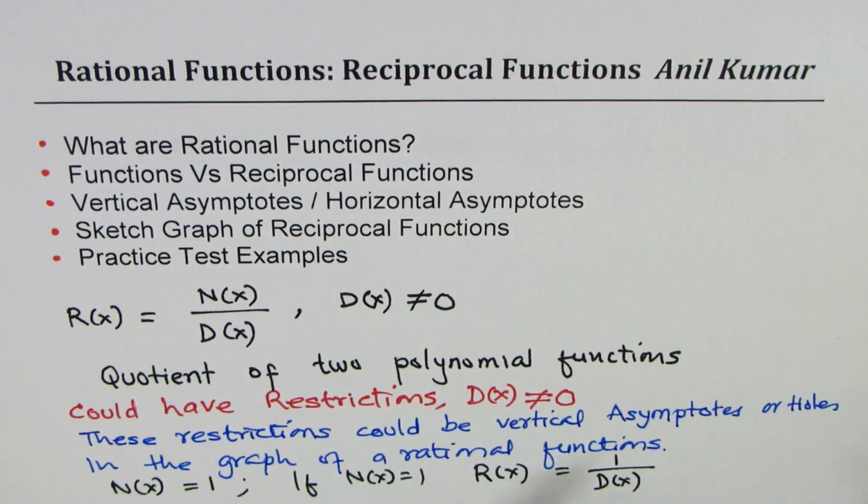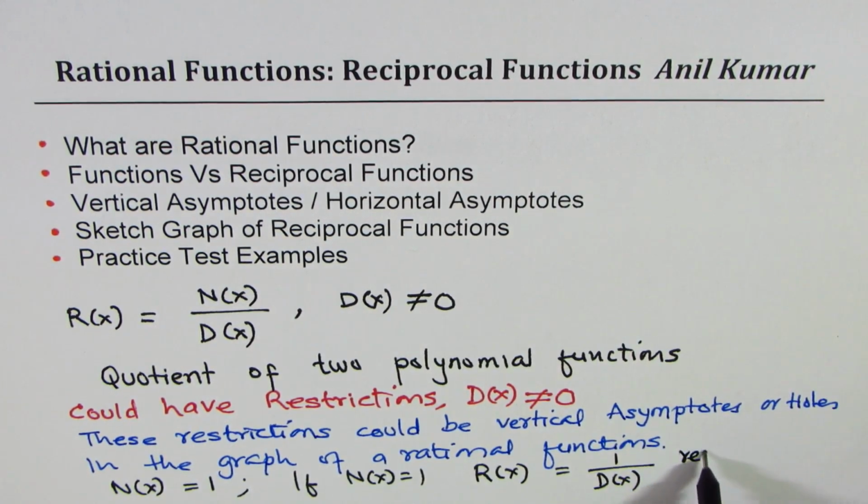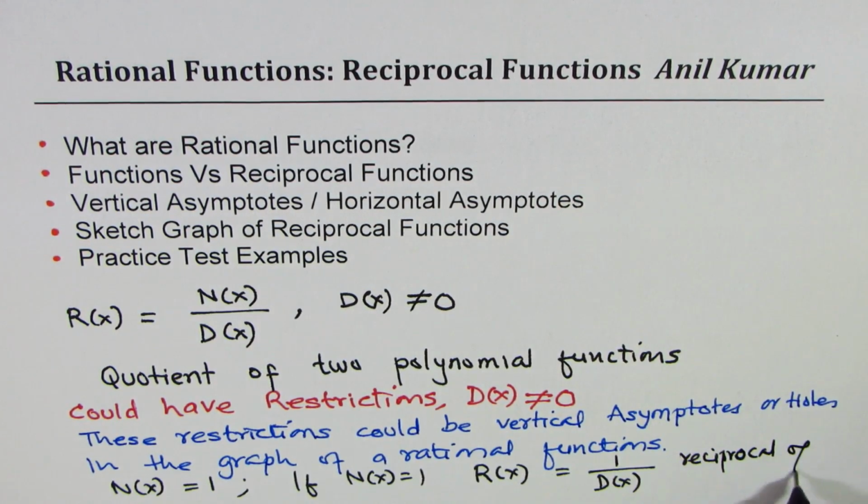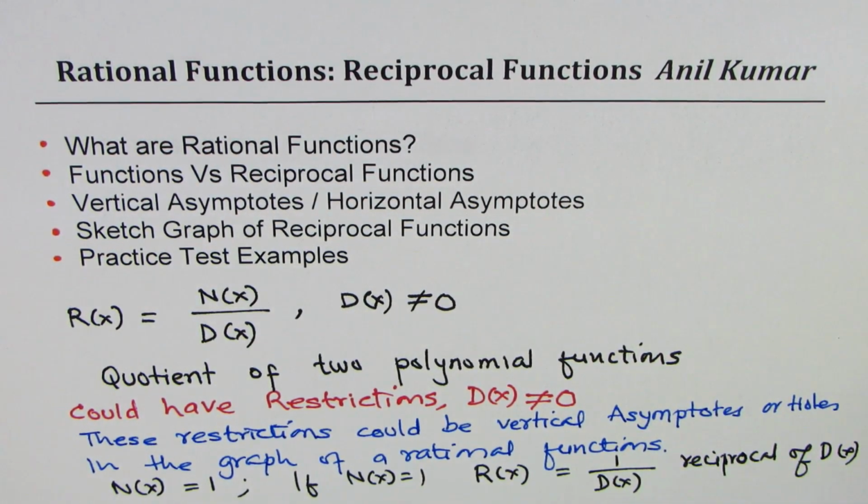This 1 over d of x is a reciprocal function, the reciprocal of the function d of x. Do you get the idea? So that is what a reciprocal function is. We'll explore this in greater detail now.